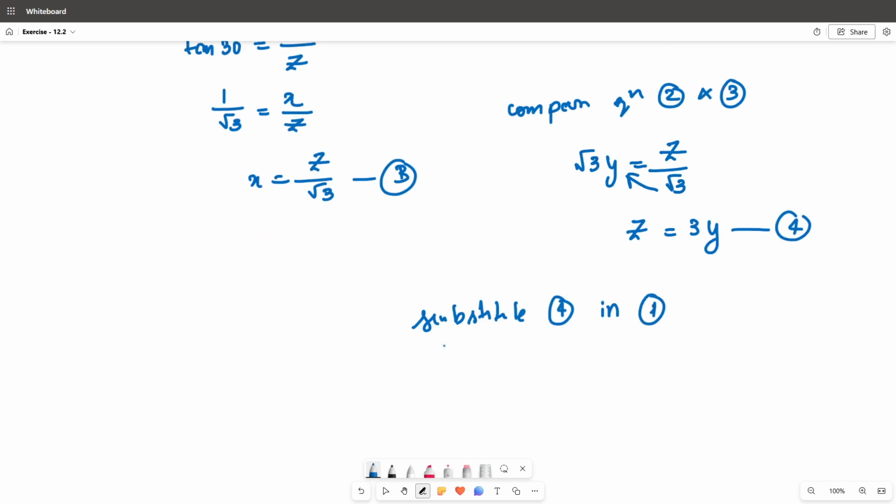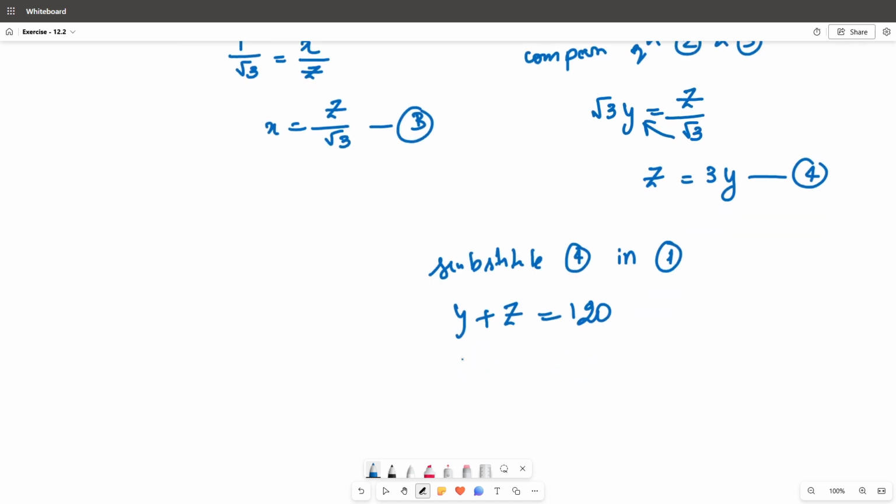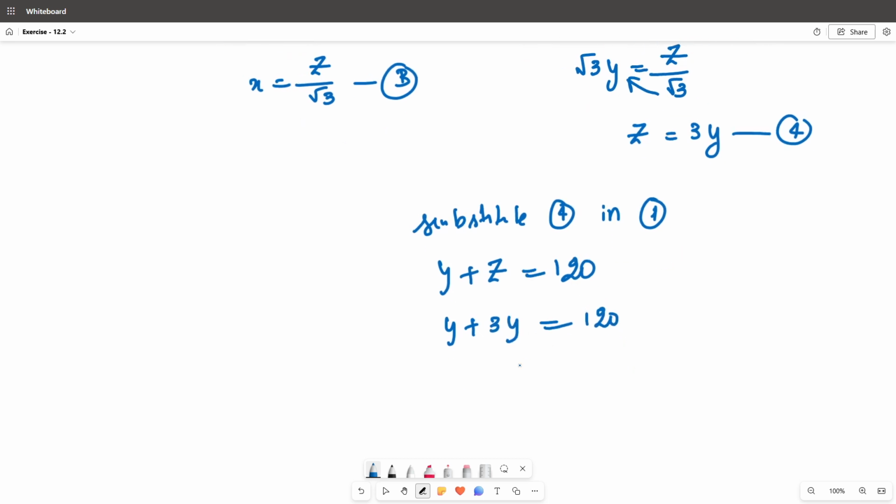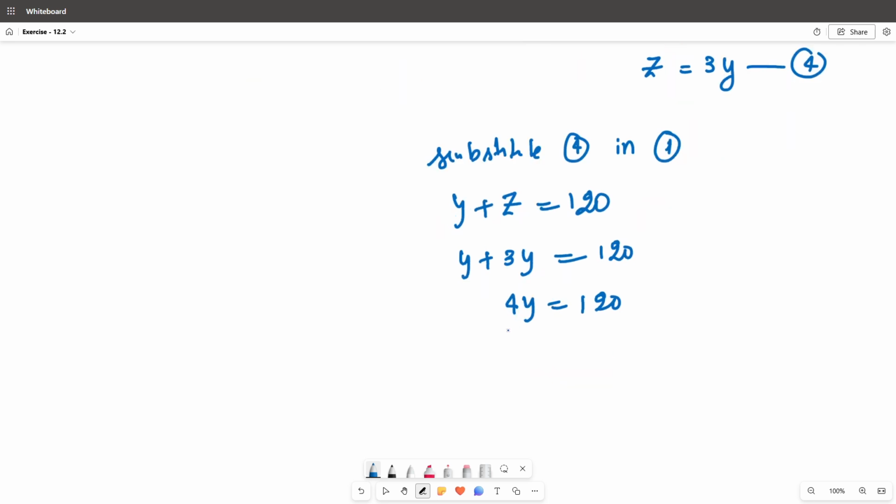So what is equation 1? y plus z is equal to 120, but z equals 3y. So y plus 3y is equal to 120. Now y plus 3y is equal to 4y, so 4y equals 120. Now if I bring this 4 to the right hand side, I would get y equal to 120 by 4, and 4 thirties are 120, so we got y equal to 30 feet.